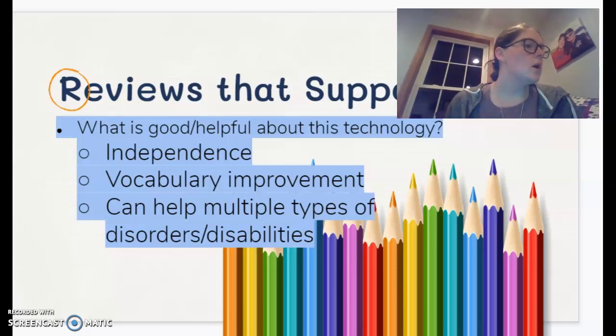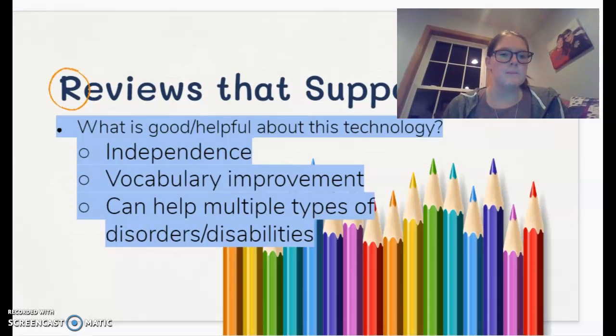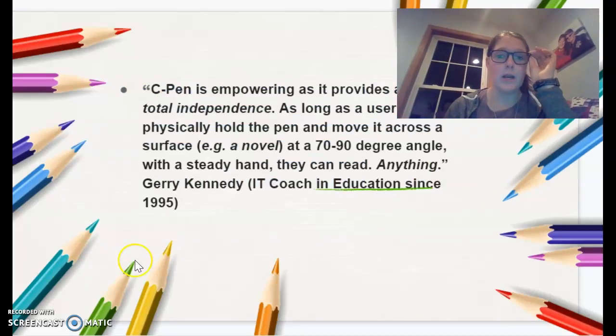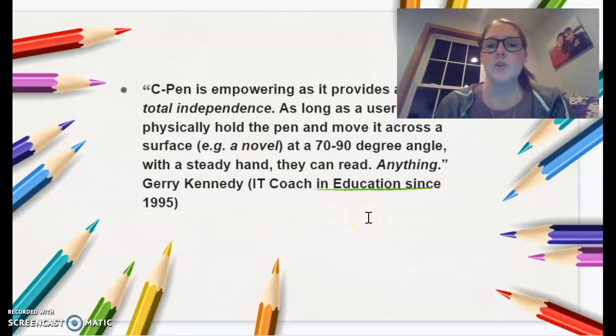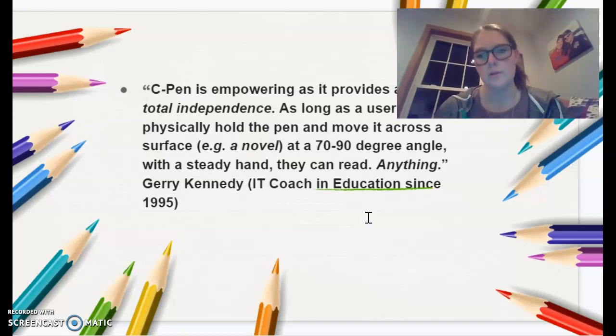So now I'm going to talk about some of the things that are challenging about the pen, and I have mentioned some of them already. But I found this quote, which is a really cool quote, I thought. The C pen is empowering as it provides a tool for total independence, as long as the user can physically hold the pen and move it across the surface.